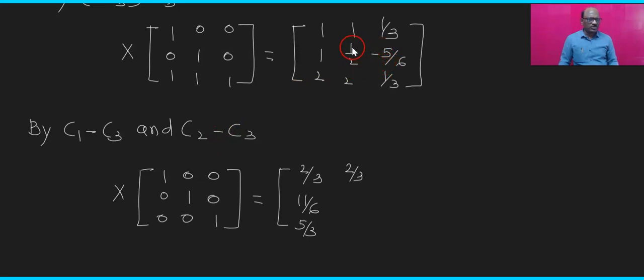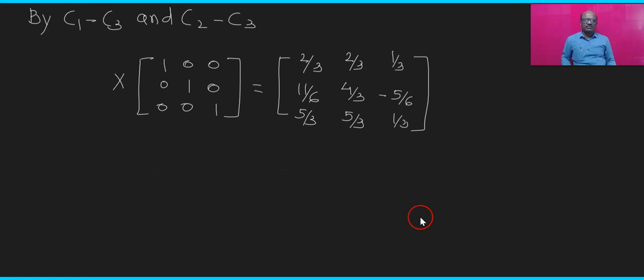Means 3 plus 5, 8 upon 6, and that will become 4 upon 3. And the last is 2 minus 1 upon 3, that is 5 by 3. And the last column is 1 by 3 as it is, minus 5 upon 6 and 1 upon 3.